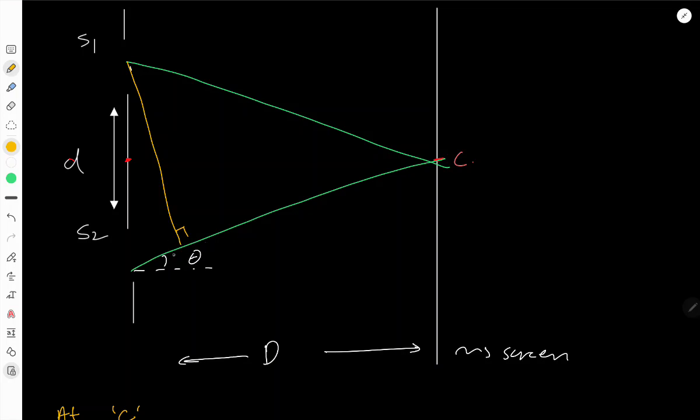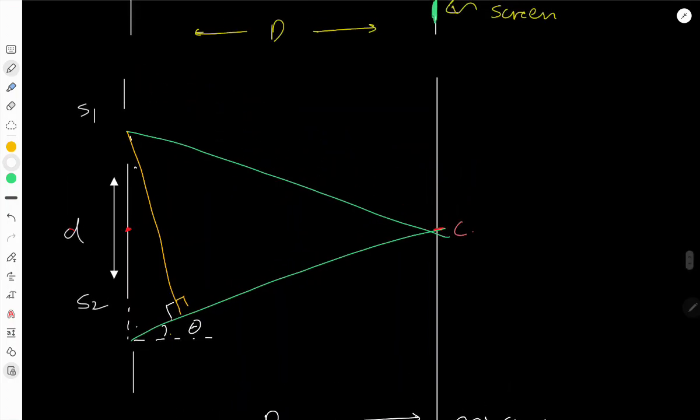And so now, if this is theta and this is 90, so this must be 90, and the sum of the interior angles, so this angle plus this angle, must be equal to theta.